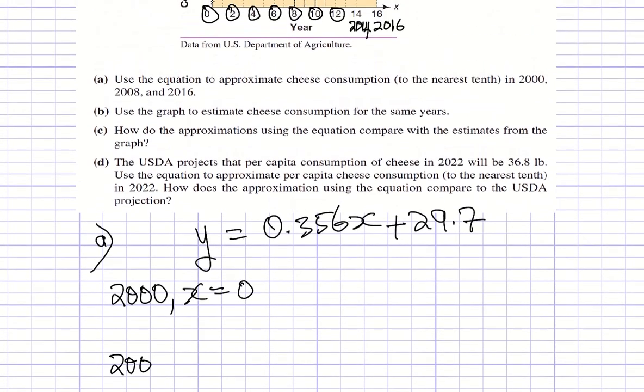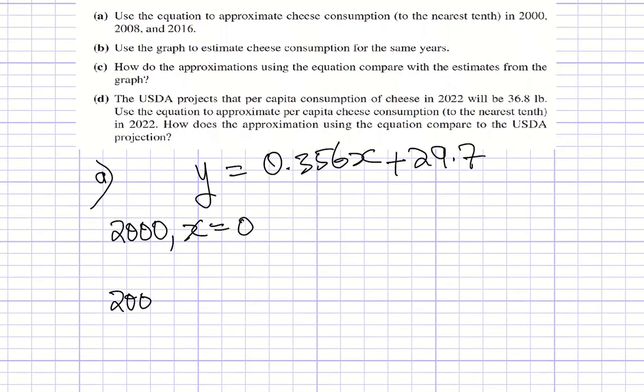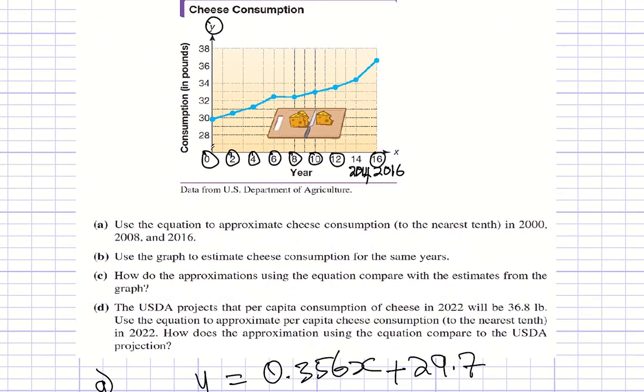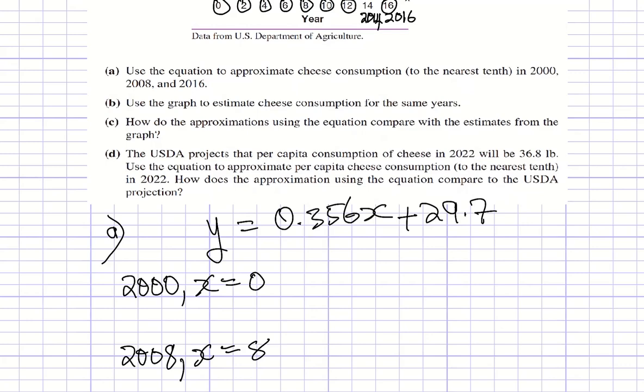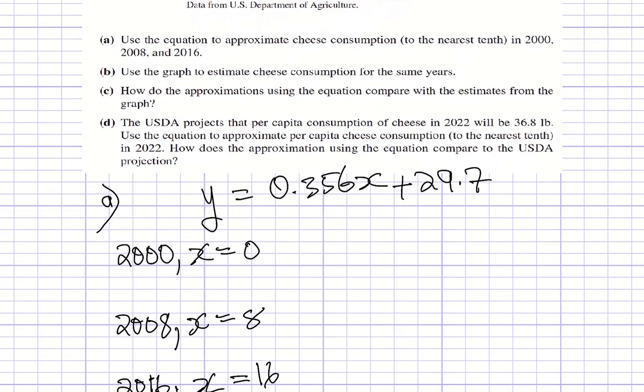What are we looking for? 2008, then x equals 8. 2016, so that means x equals 16. That's how they wrote it here. So you put x equals 0 in that equation, then you get y equals 0 plus 29.7. That's what you get there, 29.7.